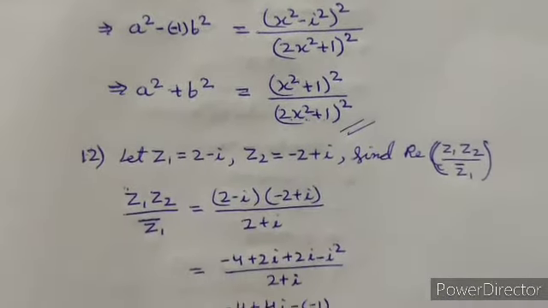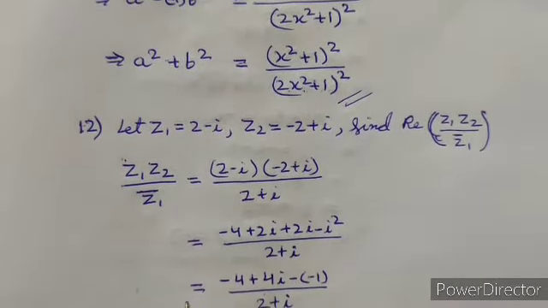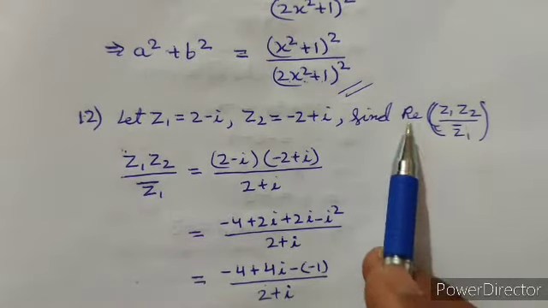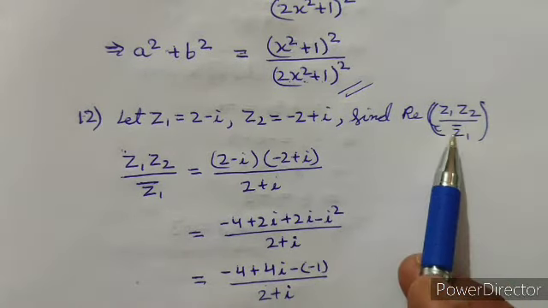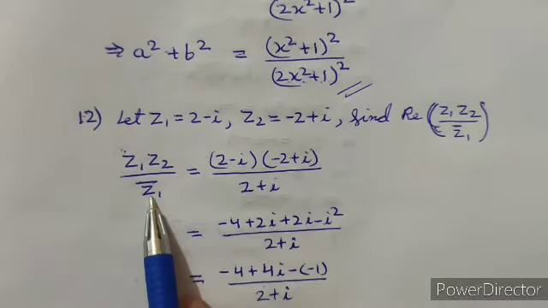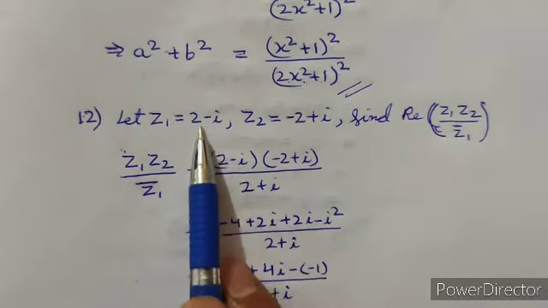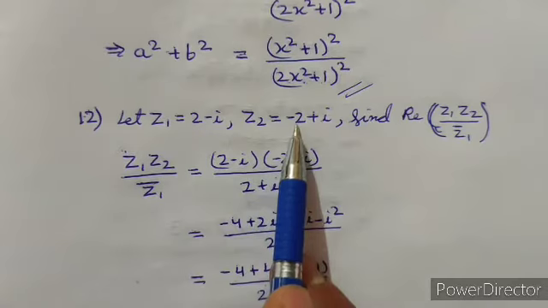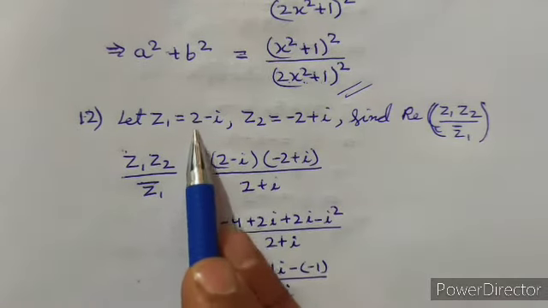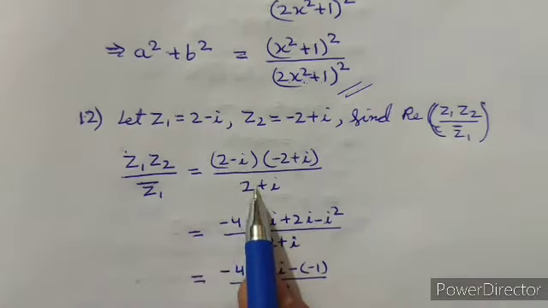Now in question number 12, Z1 and Z2 are given to us, and we have to find the value of the real part of Z1 Z2 upon conjugate of Z1. Now Z1 Z2 upon conjugate of Z1 will be equal to (2 - i) into (-2 + i) upon conjugate of Z1, and conjugate of Z1 will be equal to 2 + i.